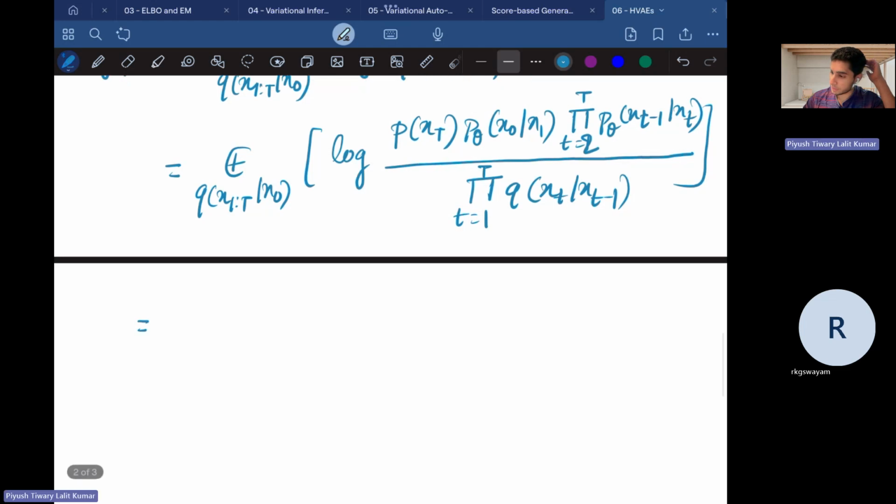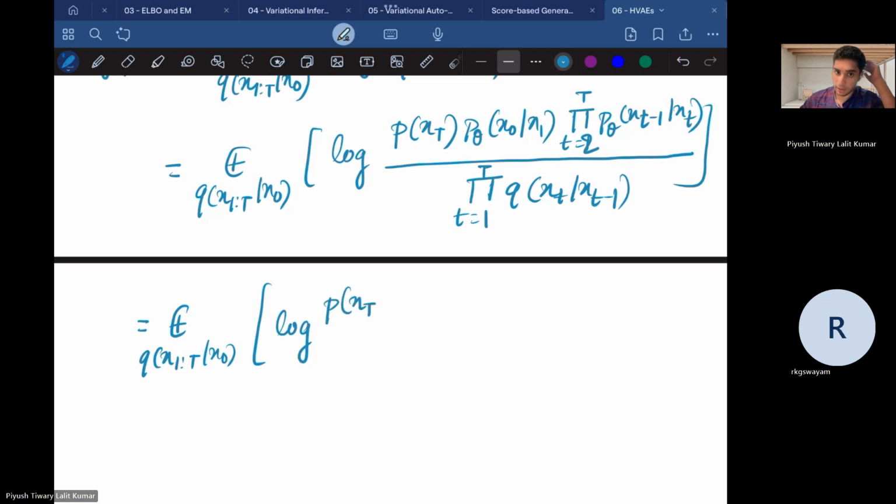Right, so let's do that. What I'm going to do is change, you will see it's nothing much, it's a simple thing. So this q of x1 to t given x naught, and there's a log here, p of xt and p theta of x naught given x1.